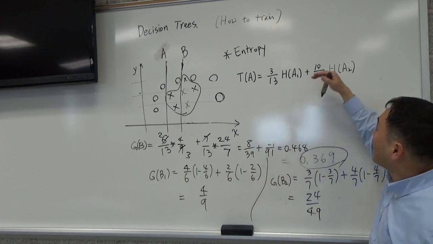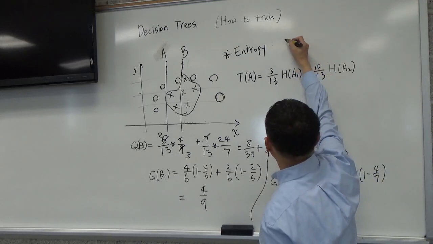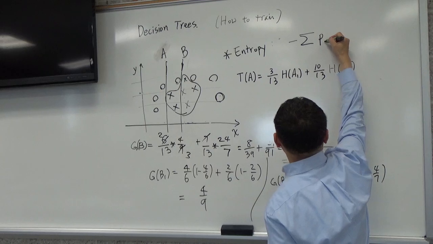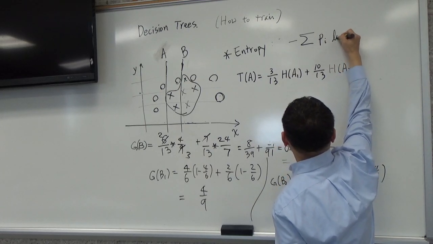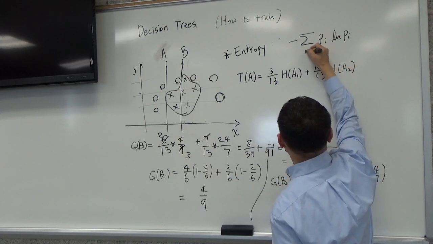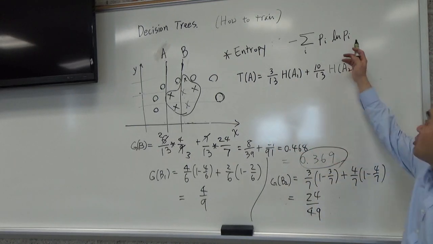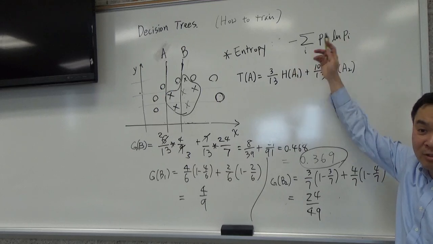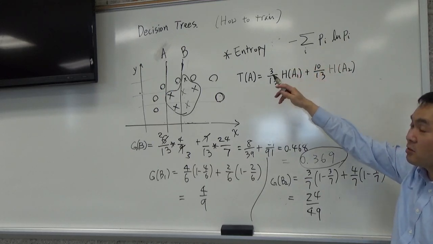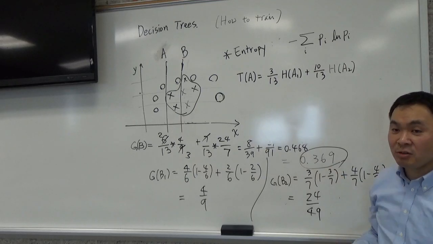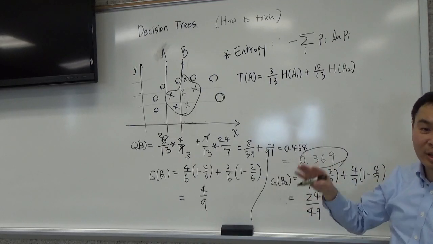Now, I've given you the formula for the entropy, which is the negative of the summation of p_i ln of p_i. And I explained last time that this measures the average information content of something. And again, the idea is the same. You want the lowest entropy.